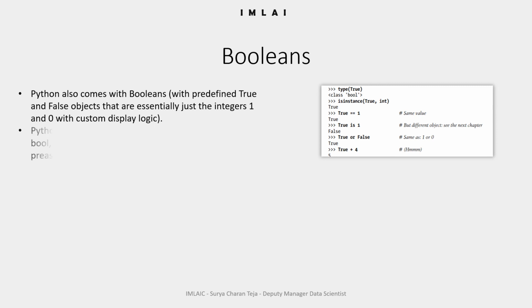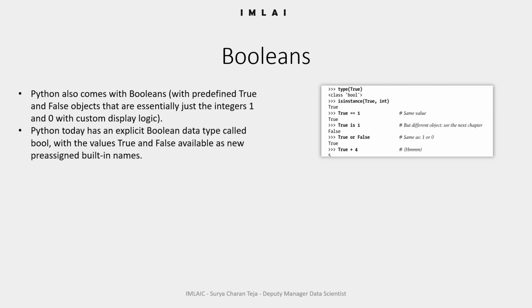Python today has an explicit Boolean data type called bool, with the values true and false available as new pre-assigned built-in names. Bool accomplishes this by redefining the str and repr string formats for its two objects.